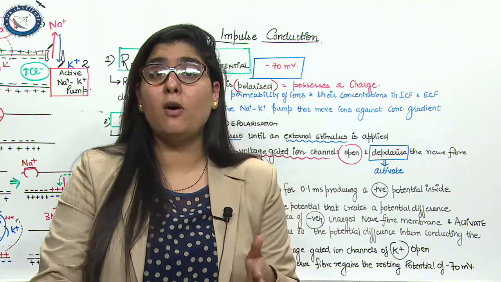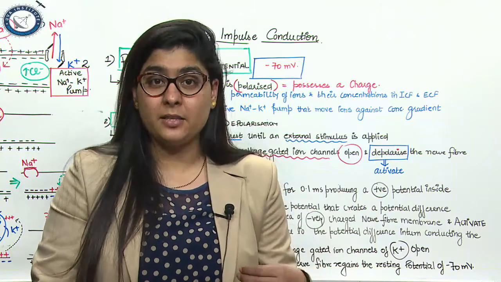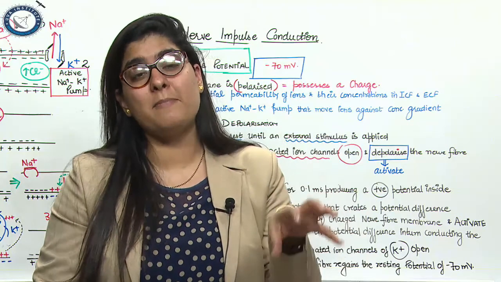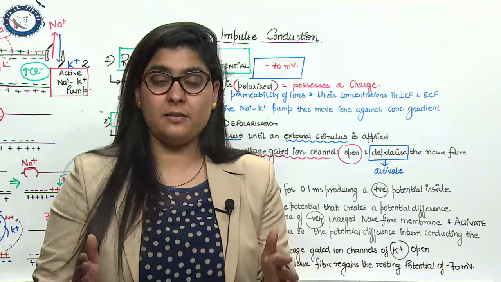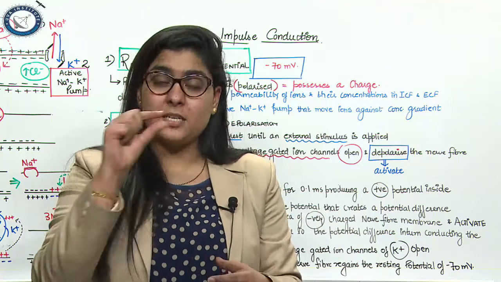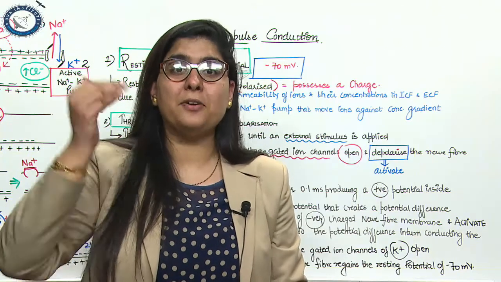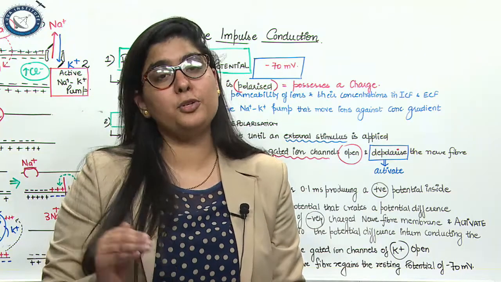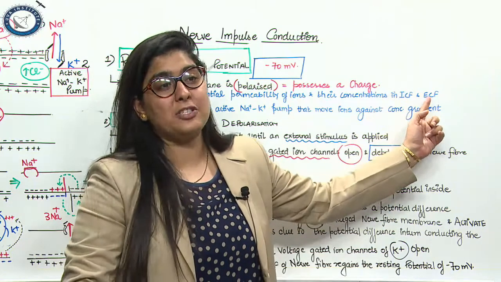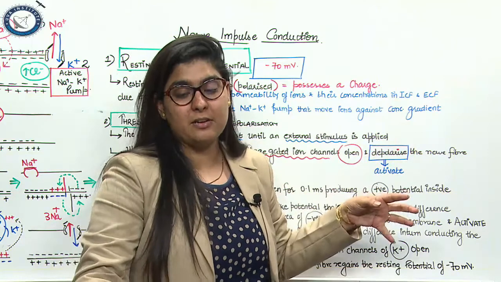Since we are talking of the conduction of nerve impulse which happens along the length across the membrane, we talk about the status of the nerve membrane. If I have a nerve cell, that is a neuron, which is also known as a nerve fiber, the outside scenario and inside scenario of the membrane should be clear to us. The outside scenario is known as the extracellular fluid, the inside scenario is known as the intracellular fluid.